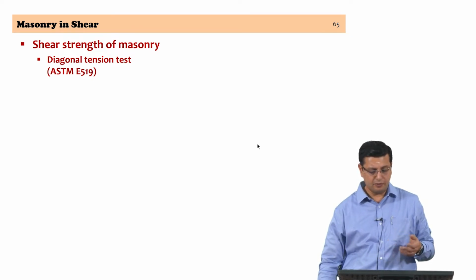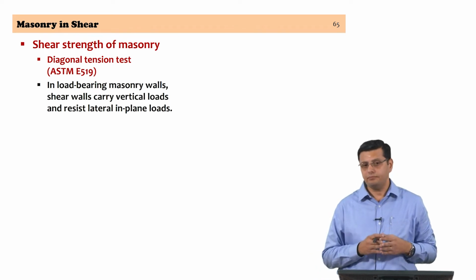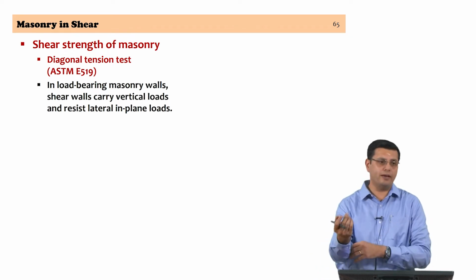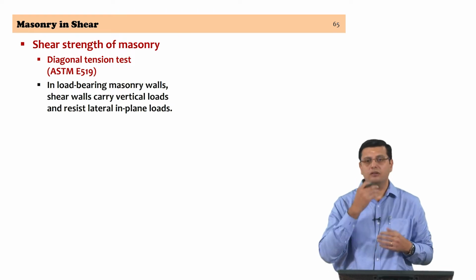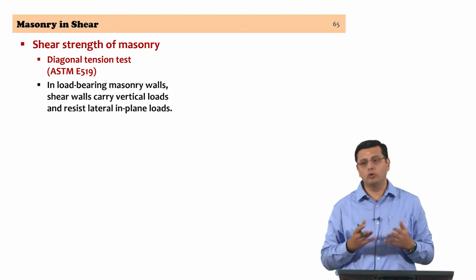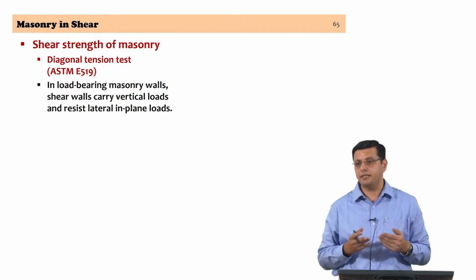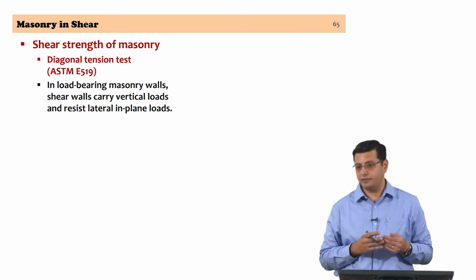Now, you know that in load bearing masonry walls, if it is a situation where you have both gravity loads and lateral loads, the load bearing walls are simultaneously resisting the gravity forces and the lateral forces.